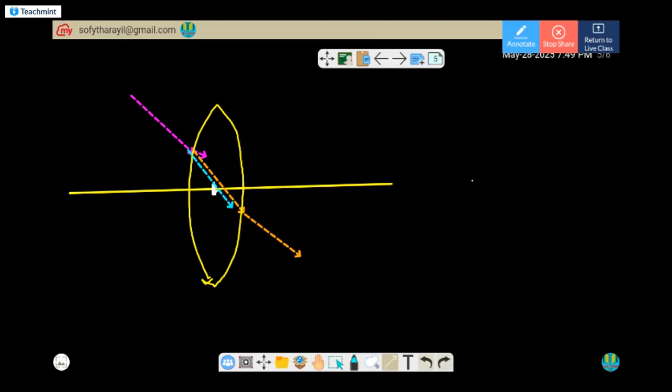If it would have gone through the optical center, this is how the path should have been. But there is a very slight shift that you can see.